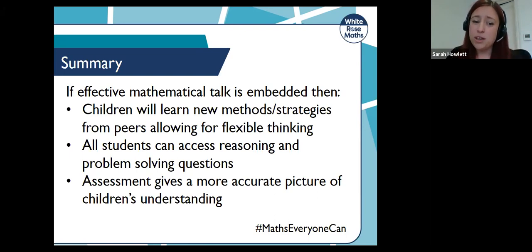And also, I hope that you've noticed that all the way through it, it gives us that more secure understanding when we're putting our assessment for learning strategies in place of what actually is it that the children know, partly know, and don't know yet. So it gives us that more accurate picture of children's understanding.